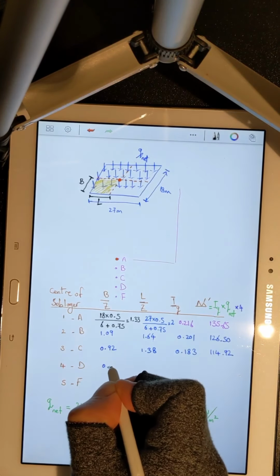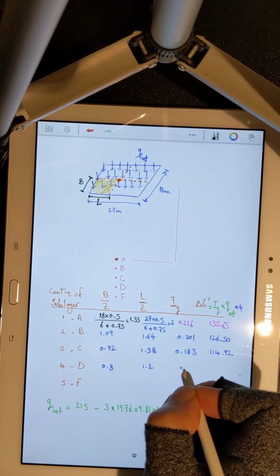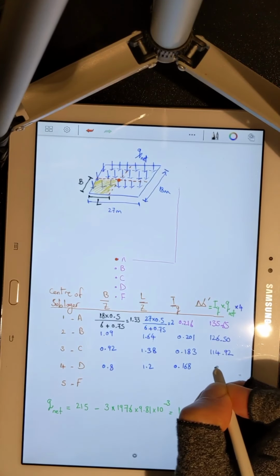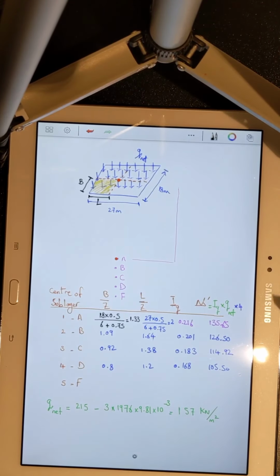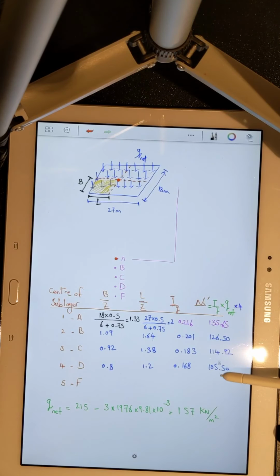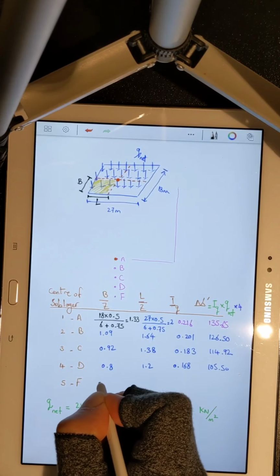Next, 0.8, 1.2, 0.168, and 105.5. You can see how the change in effective stress because of surcharging, or let's say the effect of surcharging on change in effective stress, is reducing as you're going down into deeper depths. This is how stress dissipates.